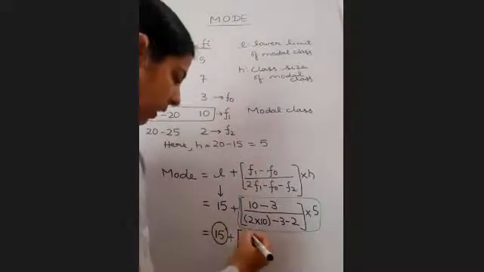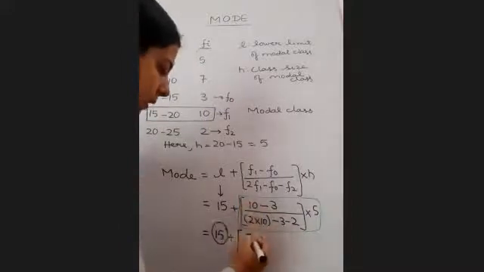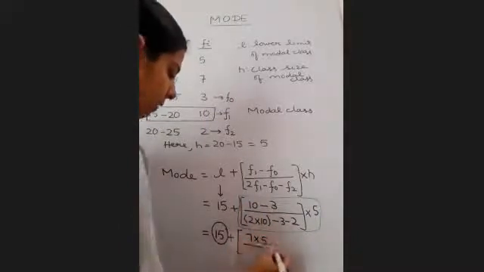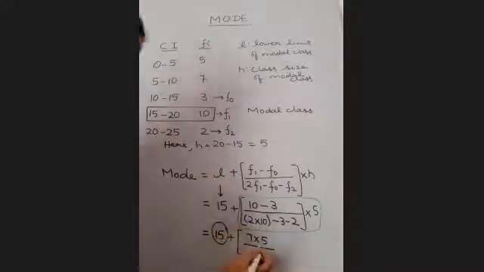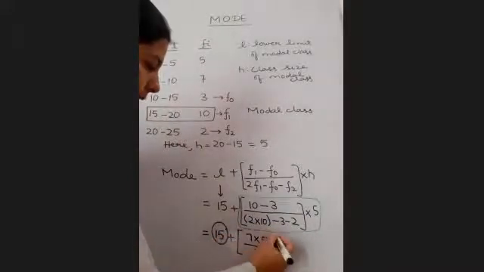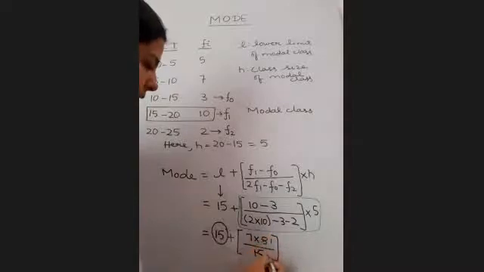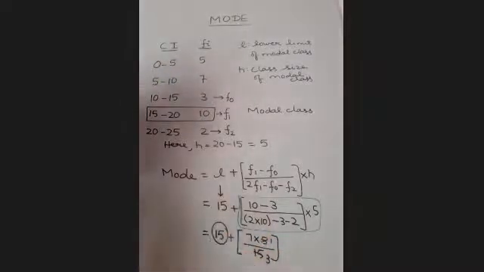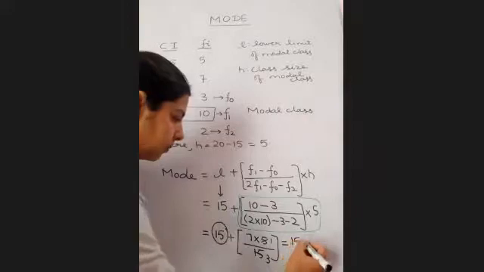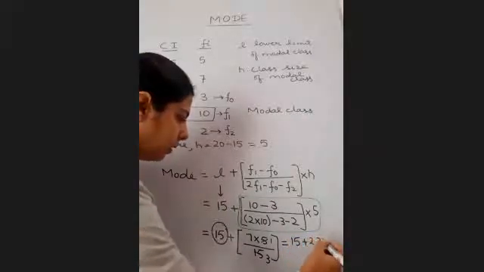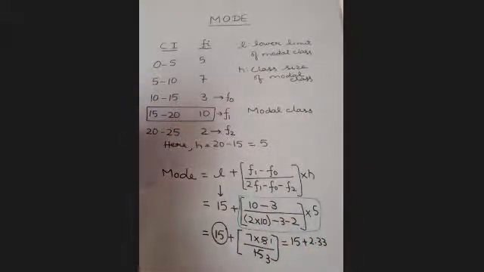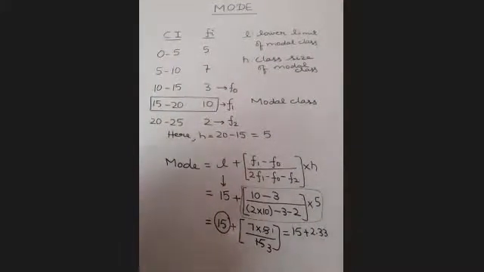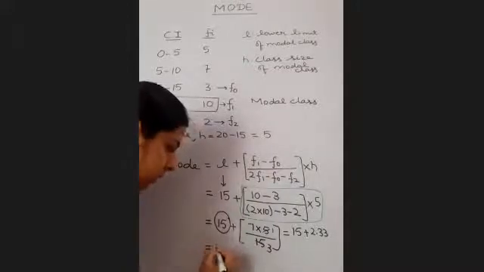It will be very tedious. So 10 minus 3 is 7. 7 into 5 divided by 20 minus 5, 15. Now what is 7 upon 3, beta? 2.333. So your mode will come out to be 17.33. Up to 2 places of decimal is more than enough.